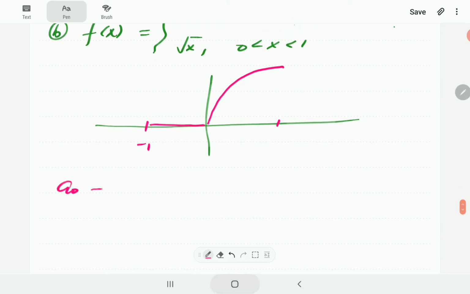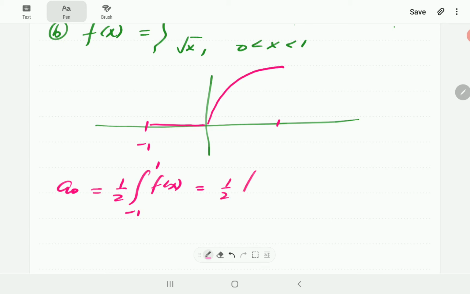So a0 is simply 1/2 times the integral of f of x. Now f of x this time is 0 from -1 to 0.